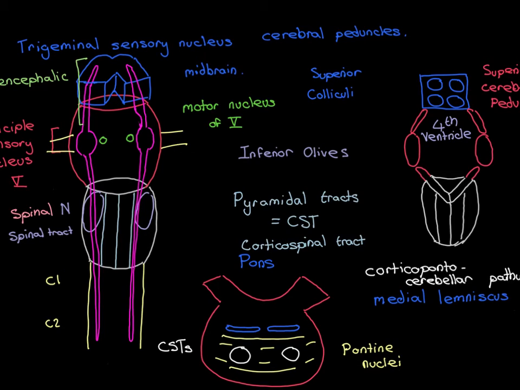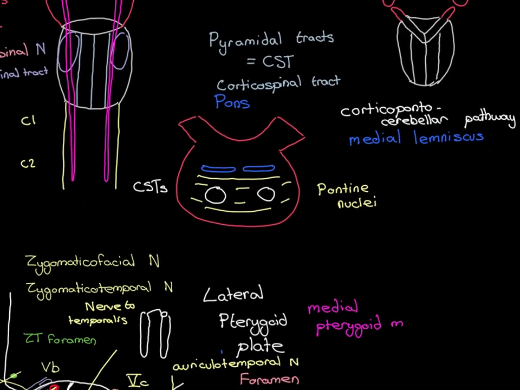Okay, so more things to put onto our picture here. So I think it's probably about time that we actually put on our principal sensory nucleus of the trigeminal nerve, and also the motor nucleus of the trigeminal nerve. So let's do that now. So we need our vivid purple back again, and we'll bring this picture up.